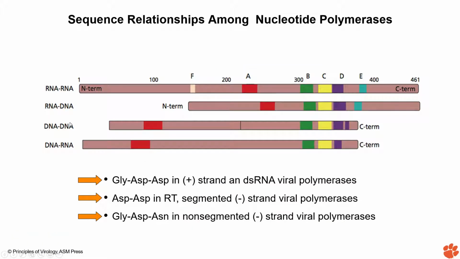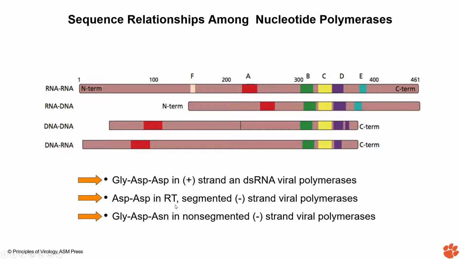All right, after that, we are looking at the sequence relationship of the nucleotide polymerases, and you can be overwhelmed, wondering what you are going to learn from here. What you are going to see is that glycine-aspartate-aspartate, GDD, is a very conserved motif in the double-stranded RNA viral polymerases.